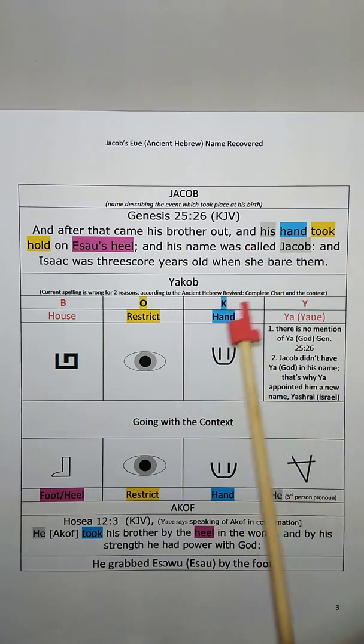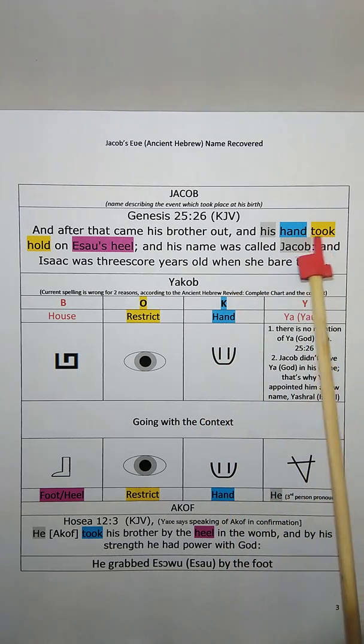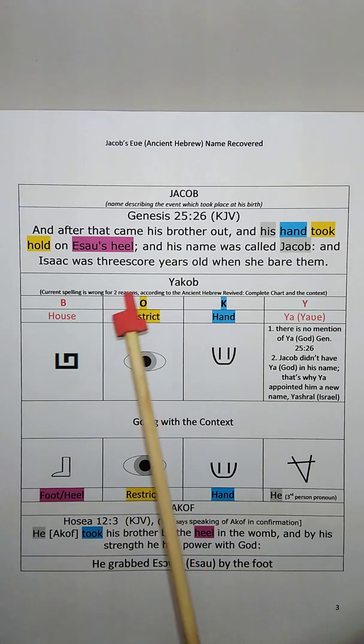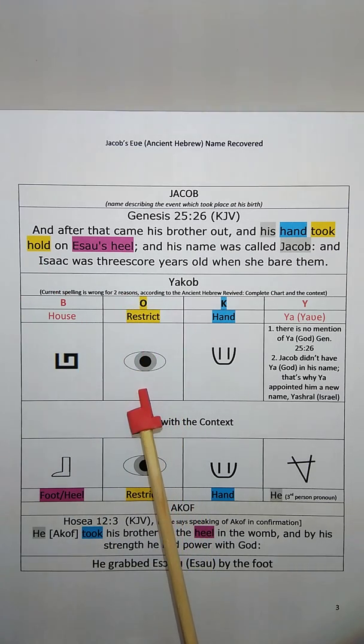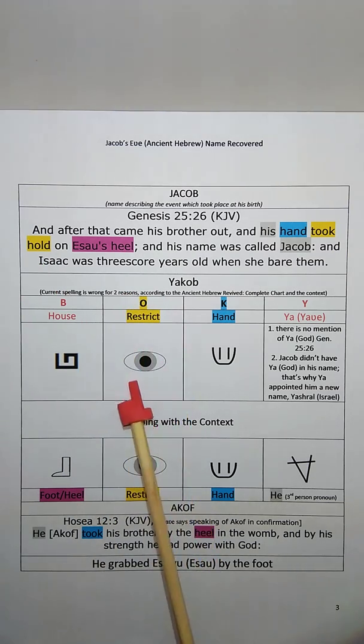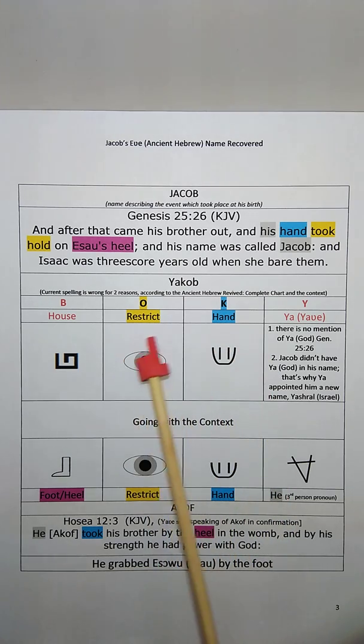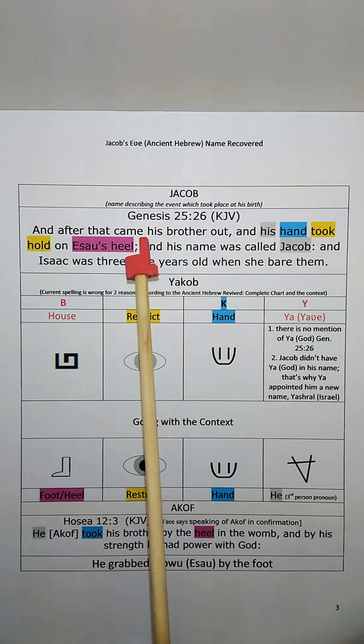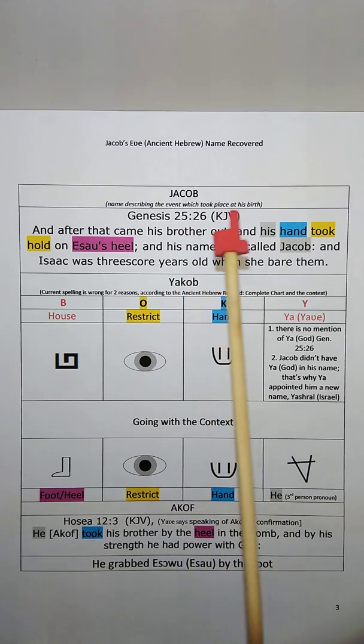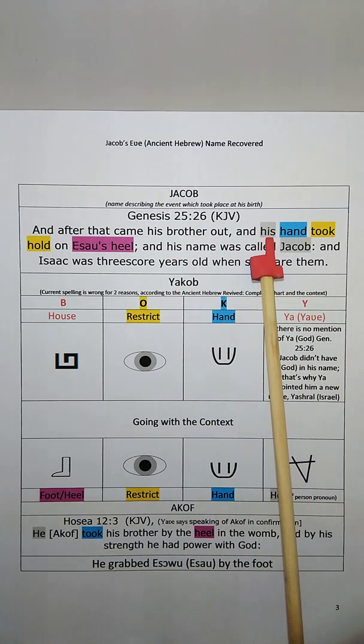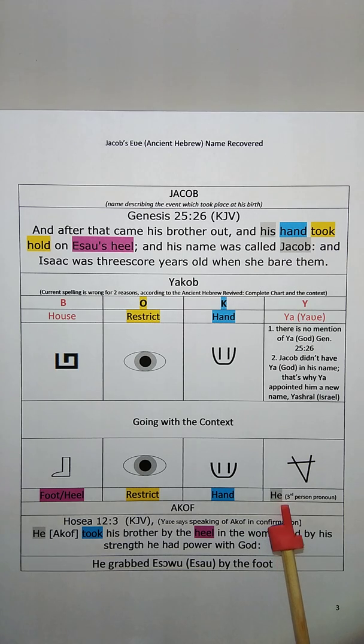However, we do see the hand. Okay, the ka, the hand, and then we do see took hold on, the o, and the o in the ancient Hebrew means to restrict. So hand restricts. Now if we go with the context of Genesis 25, verse 26, we see the his. Okay, that is the a in the ancient Hebrew. It is the third person pronoun in the ancient Hebrew.